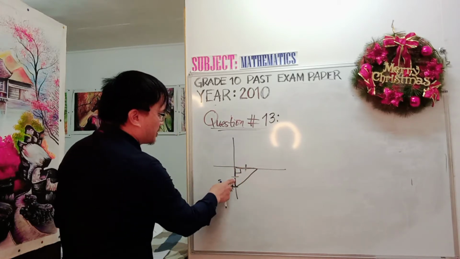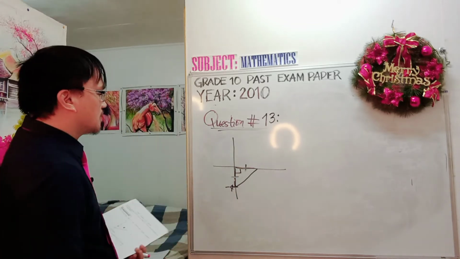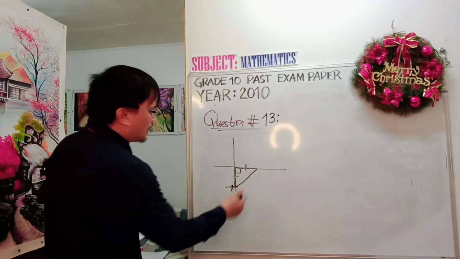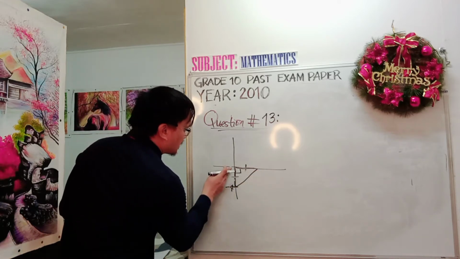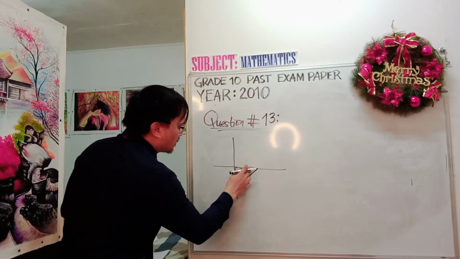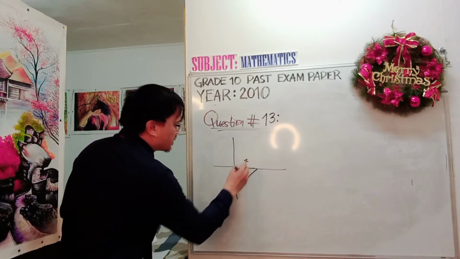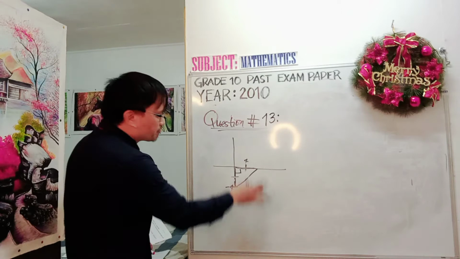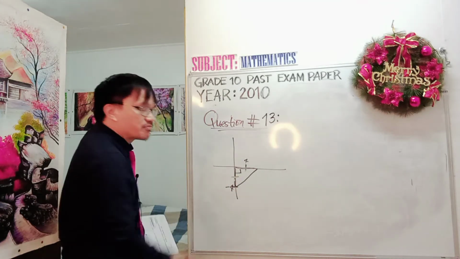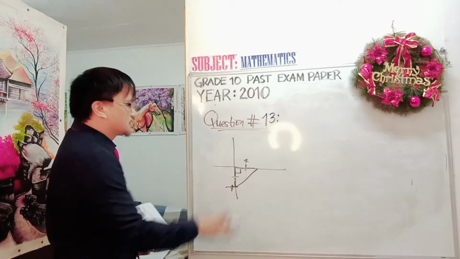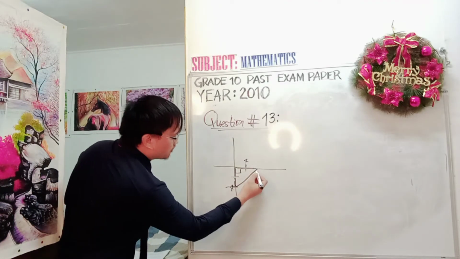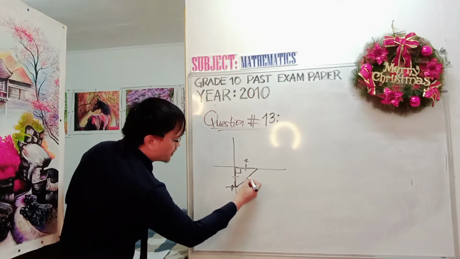This is the symbol for sides that are equal. The length here is 4, and the length on that side also must be 4. In your rough paper, you can label the values of the sides. Now this hypotenuse is what we are asked to find.